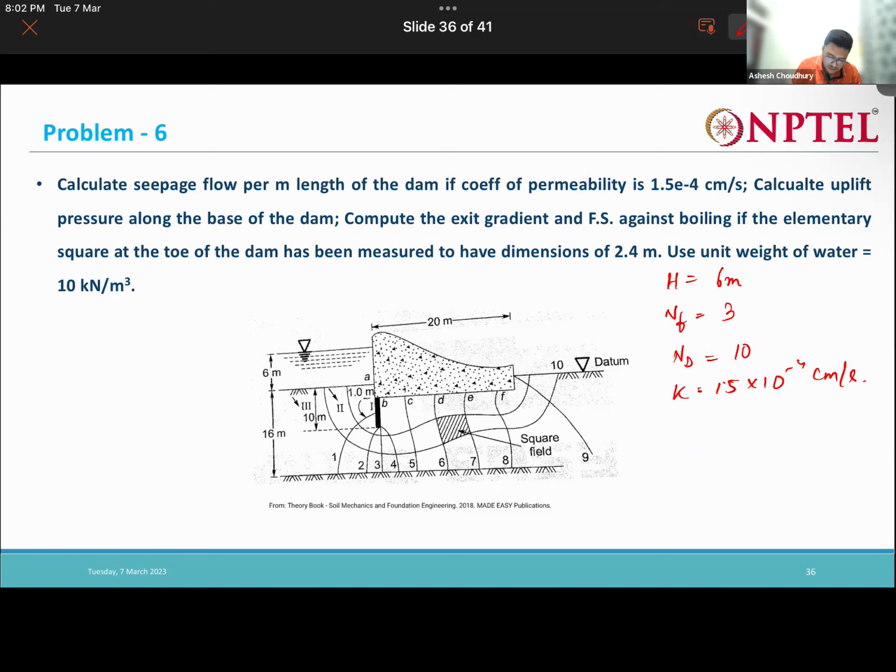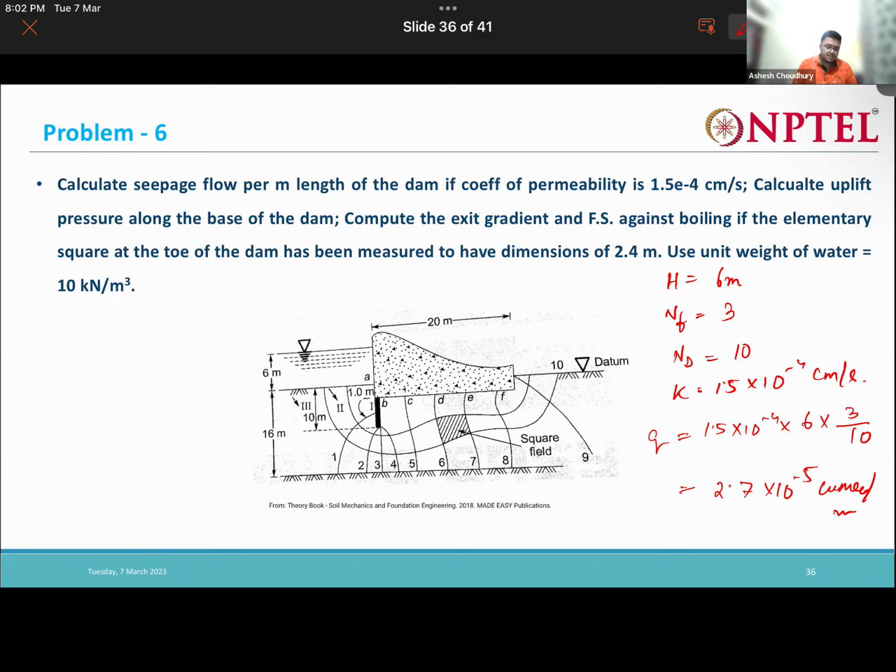So what will be the flow? If you put all the values and make the units consistent, it will be 2.7 into 10 to the power minus 5 cubic per meter. Cubic means meter cube per second per meter.